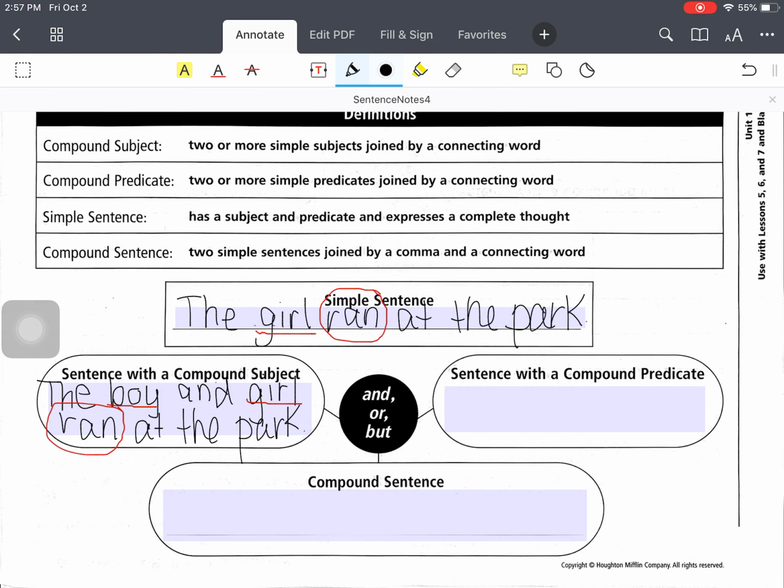Now, for a sentence with a compound predicate, that's going to be 1 subject that does multiple verbs. So my example is the girl ran and played at the park.